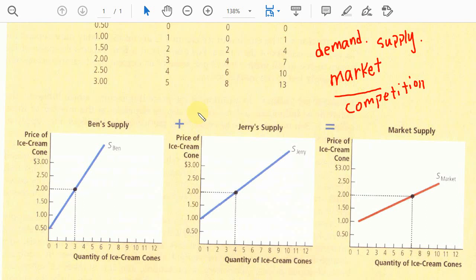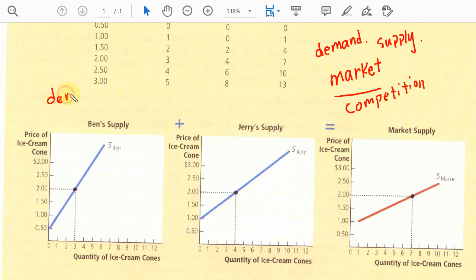So this is an example of demand. This kind of table we call a demand schedule.